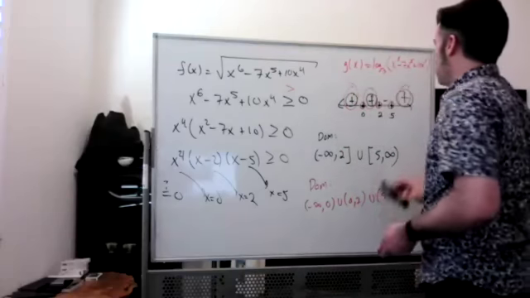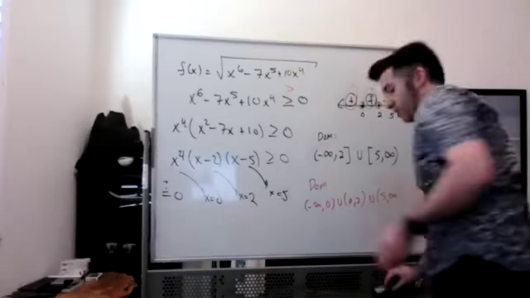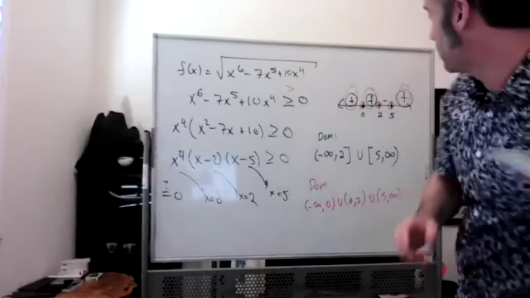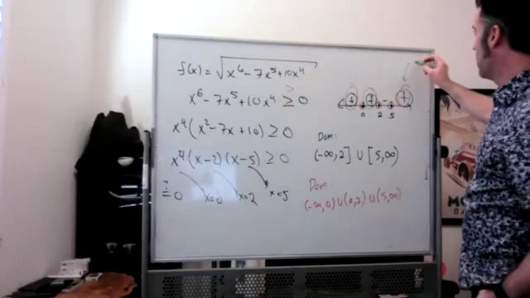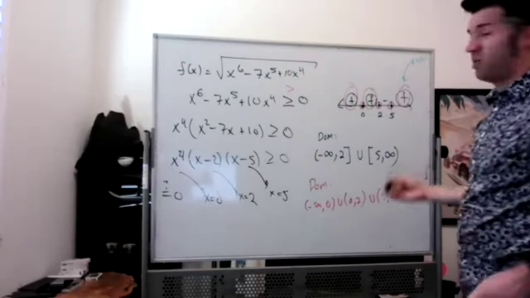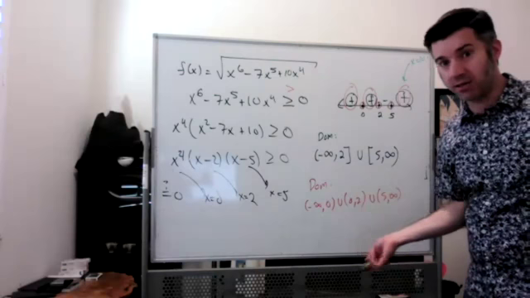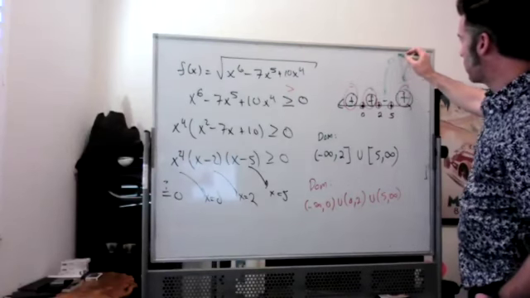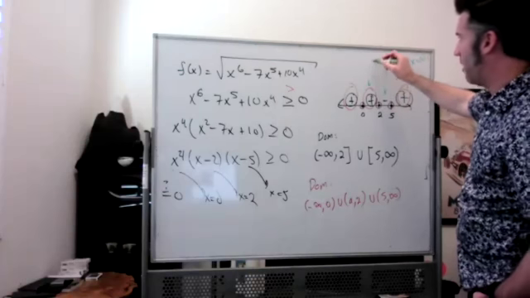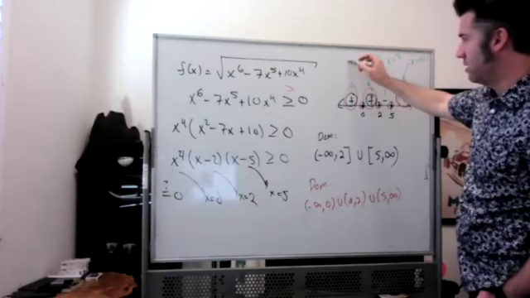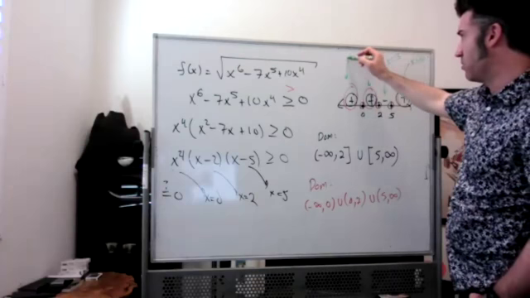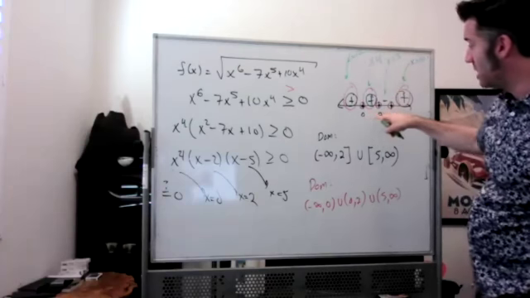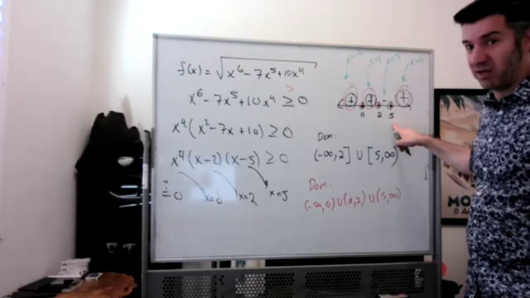So let me draw here. In this rightmost interval, I picked x equal to 10. But you can pick anything bigger than 5, like 6 or 1,000,000. And in this interval here, I picked x equal to 3. And in this interval here, I picked x equal to 1. And in this interval here, I think I picked x equal to -2. So you're never picking these numbers, because these numbers will always make it just equal to 0.